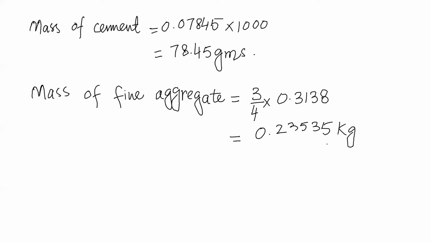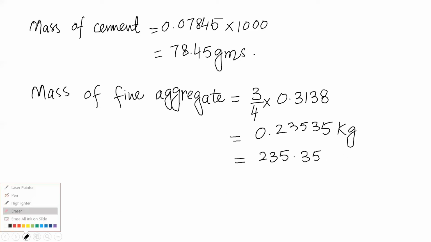When I multiply it with 1000, it comes out to be 235.35 kg. No, it's not kg, sorry. It is in gram. When you multiply it with 1000, it comes out to be in grams.